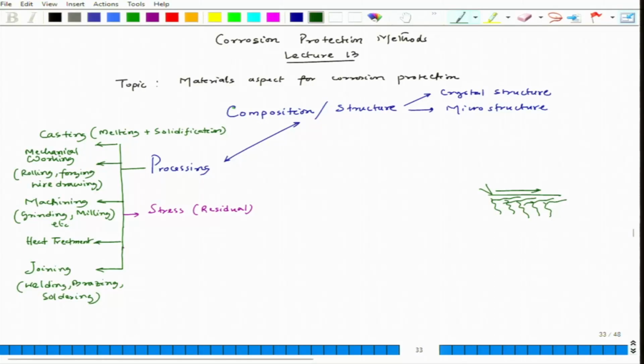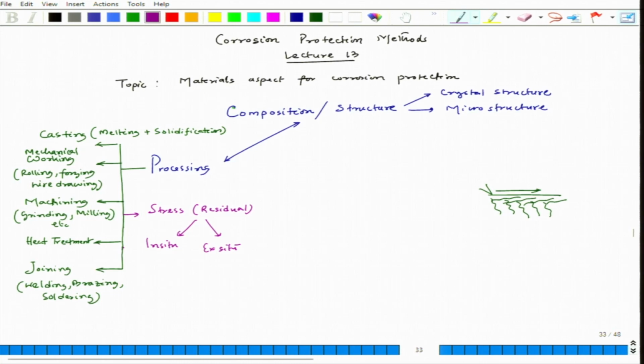So, that is what I am talking about, that stress factor. The stress factor can be in situ. There are two possibilities, in situ, fine. That means during joining, during cooling, we are actually having those residual stresses, that is in situ. But there could be ex situ stress, like shot peening, fine.